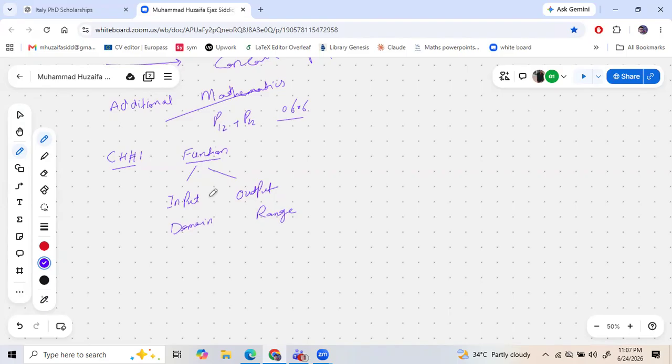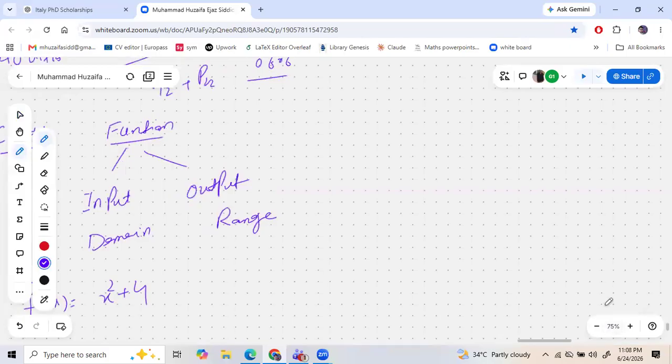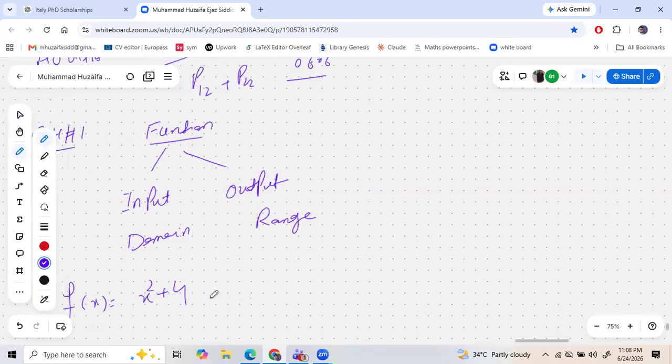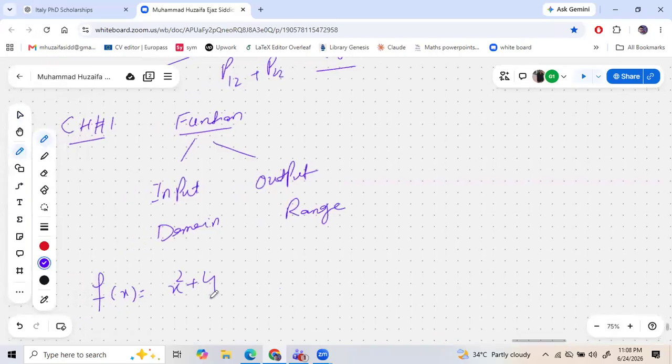Okay. So here we denote it with f of x is equal to some function. Suppose that I'm writing the basic function x² plus 4.